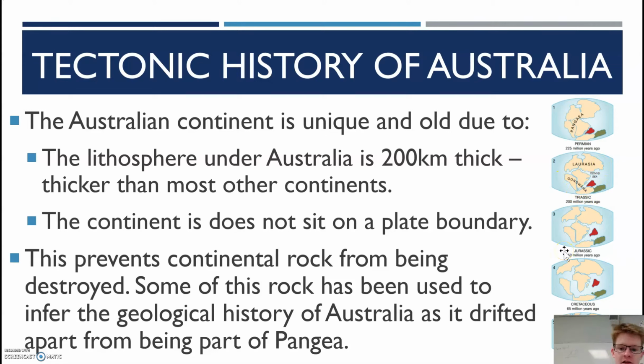Then Australia has over time been moving further and further apart. But because we haven't really seen Australia converging into any other plates since then, we see Australia to be a very flat continent. We haven't had much tectonic action to really form high mountain ranges like we see in Europe or South America. And that is tectonic action.